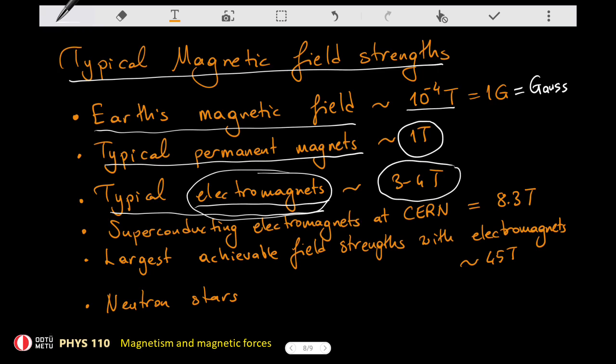So as a result, people have developed some solutions for these kinds of things. One of them is the superconducting electromagnets. Superconductivity is a phenomenon where there is no resistance. So when there is a current passing through a superconductor, there won't be any ohmic heating.